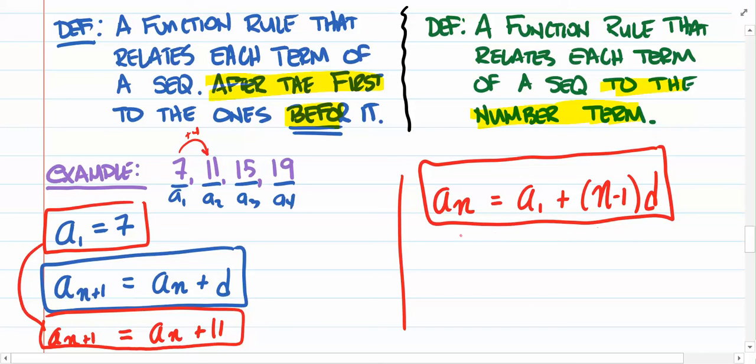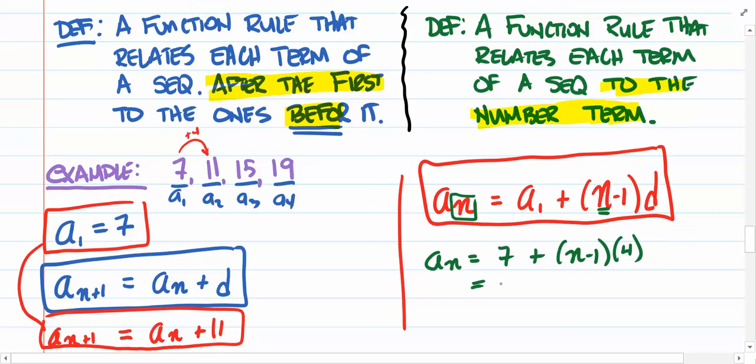Notice that it is taking this subscript n and making sure that it matches that number here. Okay? So let me give you an example for this one, all right? The general explicit formula would be a sub n is equal to the very first term, which happens to be 7, plus n minus 1 times the common difference, which happens to be a value of 4.